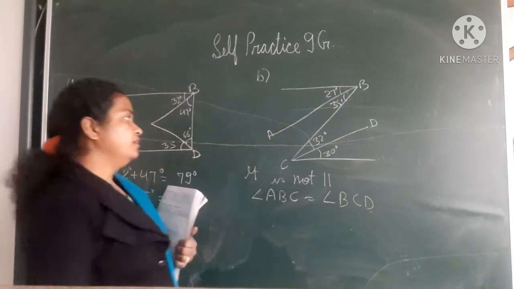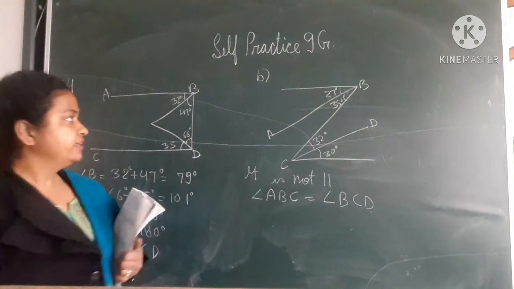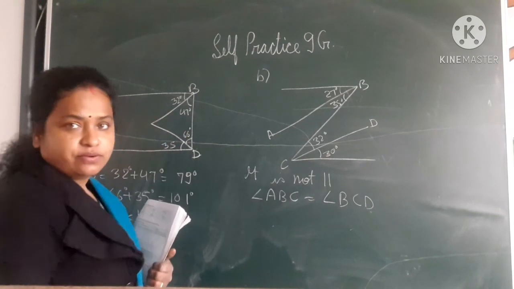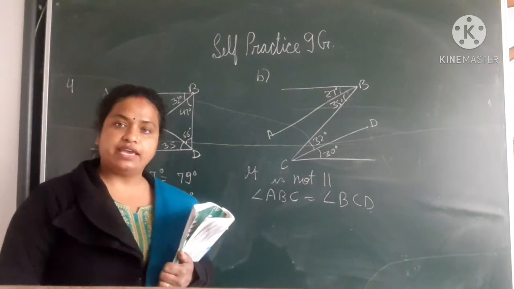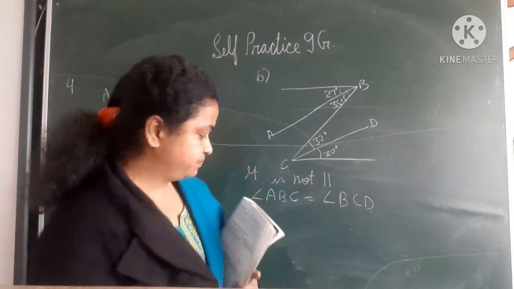So it is not parallel. Both should be equal to 35 degree. Only this and this line are parallel because they have the same angles. That is not parallel because the angles are not the same.